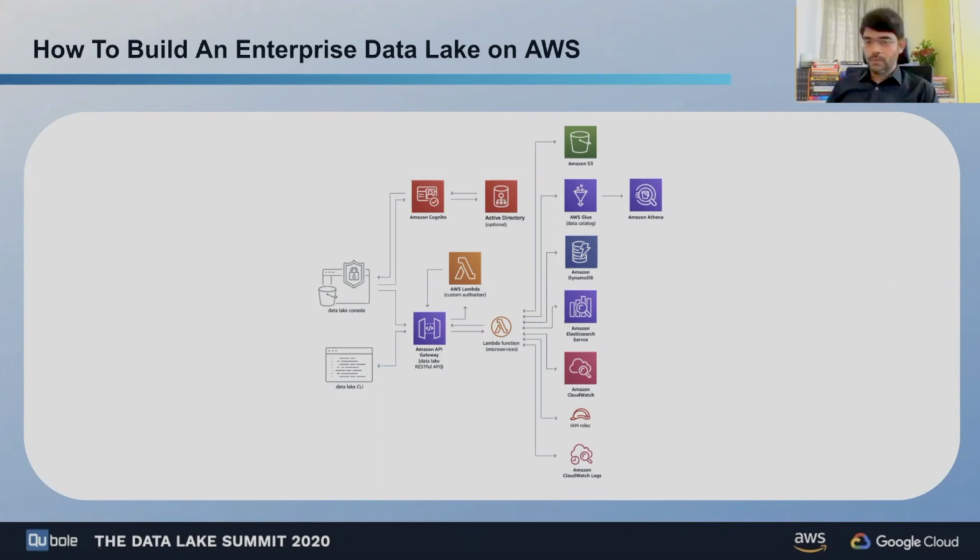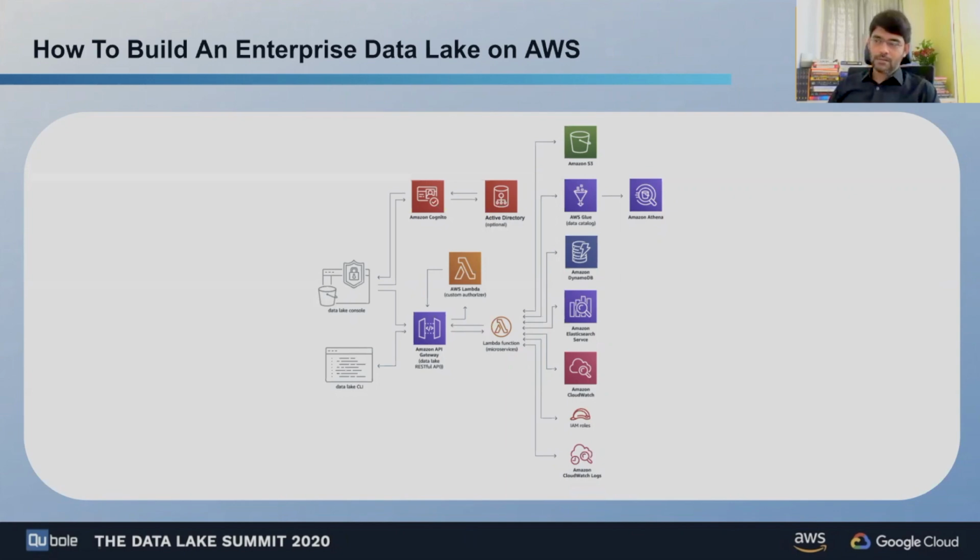Again here too, S3 is at the center of all of this. That is the data lake. And similar to the GCP side, we will be tapping into the metadata functionality, object lifecycle policies, and rich IAM and access controls, etc. But then this solution is available as a CloudFormation template, and you could try it as well.